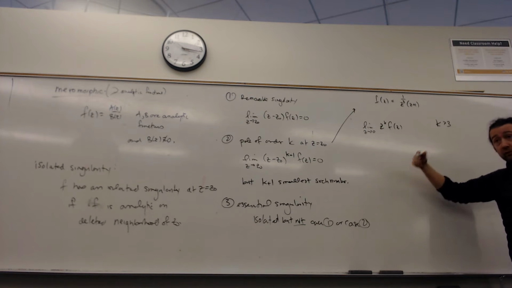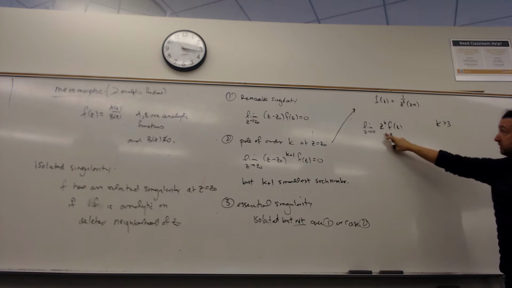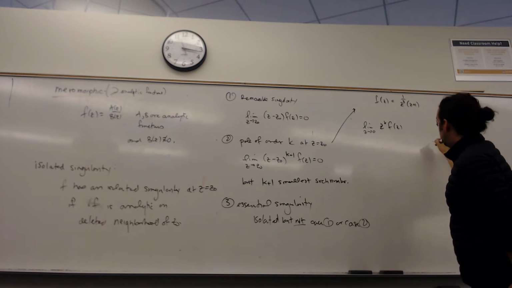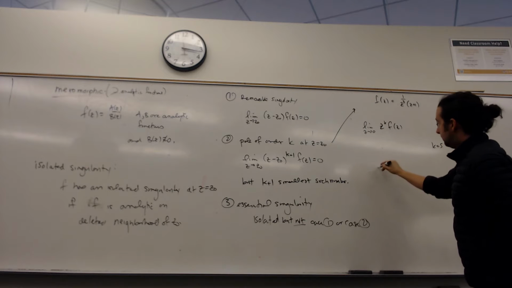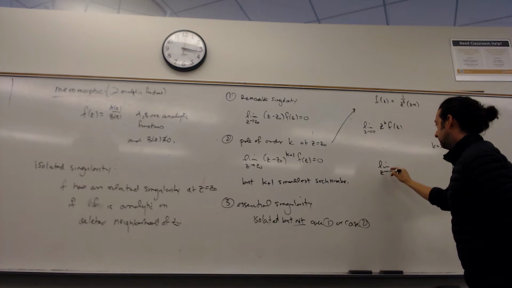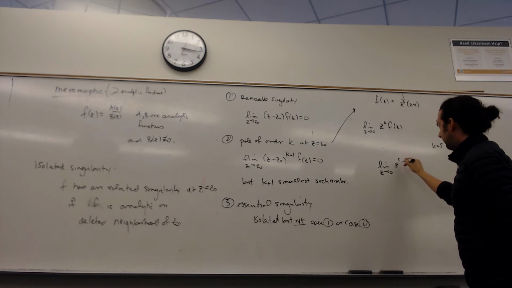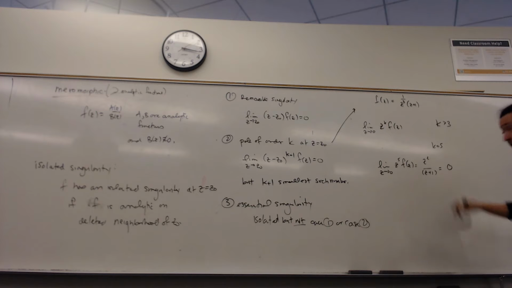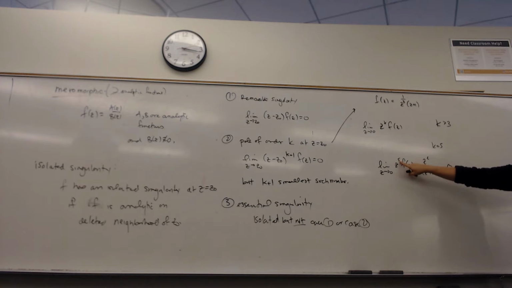If you hit it with z to the 4th, z to the 5th, whatever, because the z to the 5th is canceling the z cubed. So if you picked k equal to 5, you get the limit as z goes to 0 of z to the 5th times f of z, which is z squared over z plus 1, which is 0, right? And the order is just the smallest power of k that you can use that makes this true.